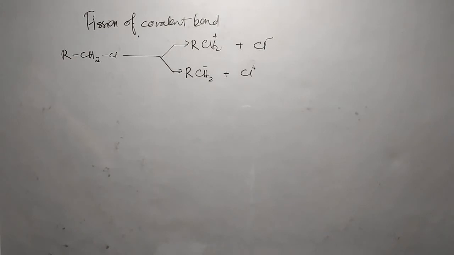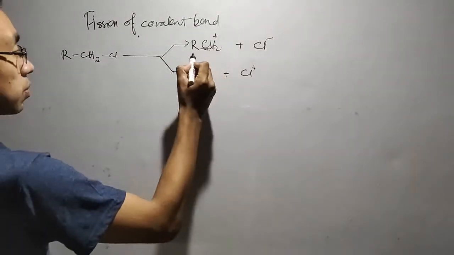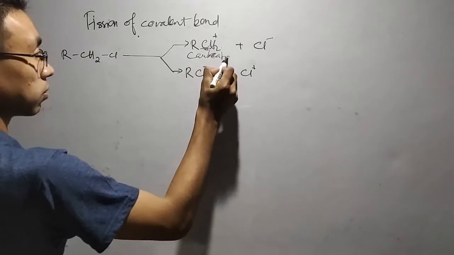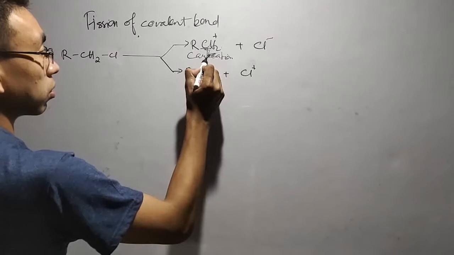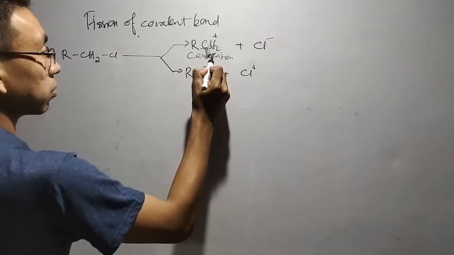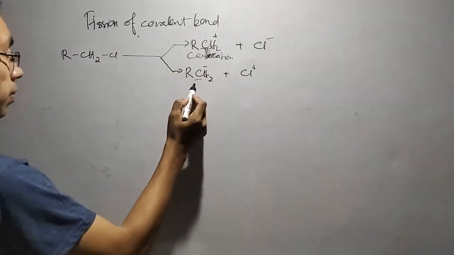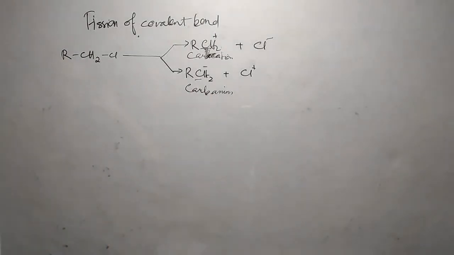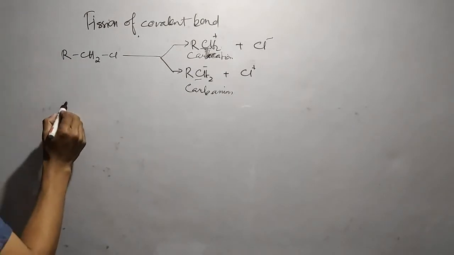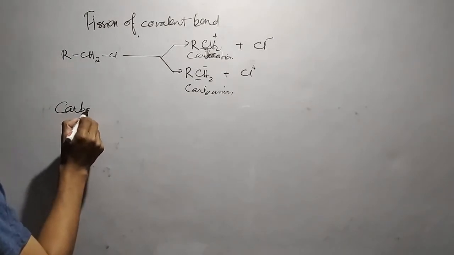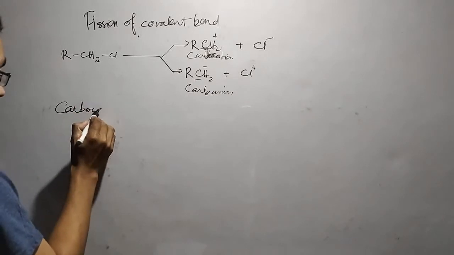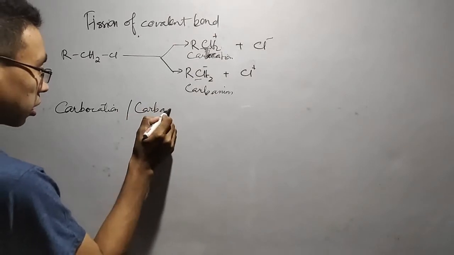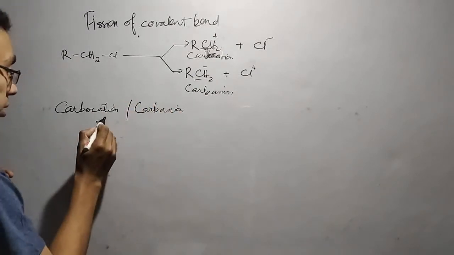So here this C plus is called the carbocation, and this C minus is called carbanion. Now comparing the carbocation and carbanion based on their stability.